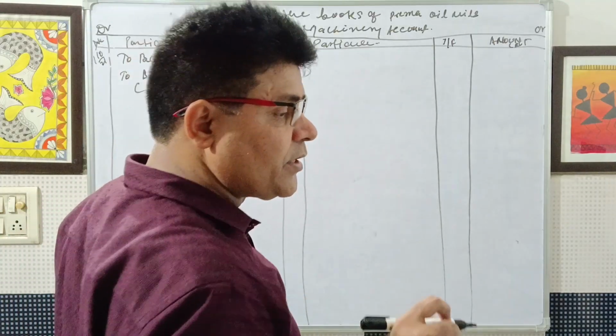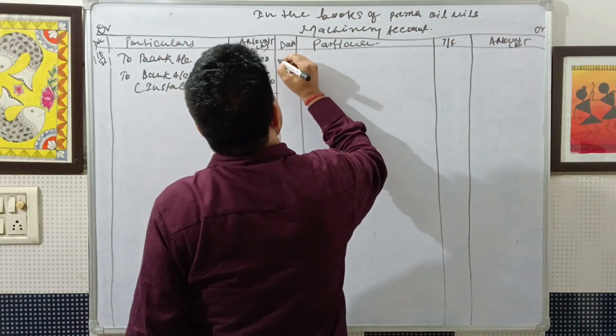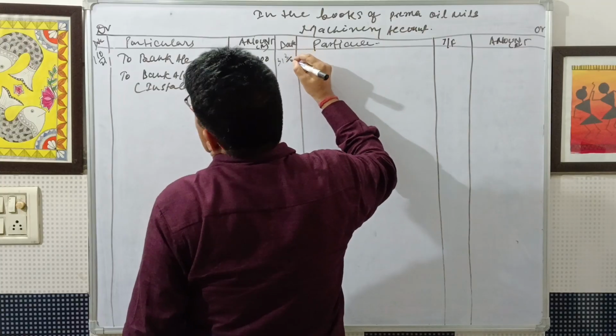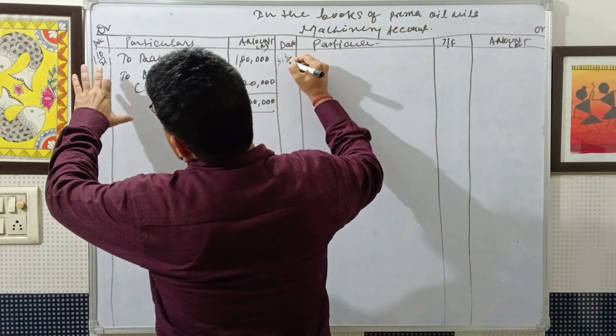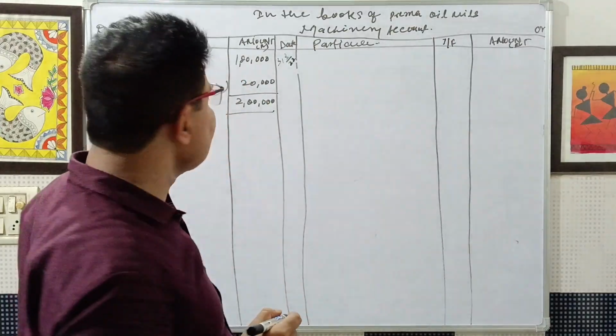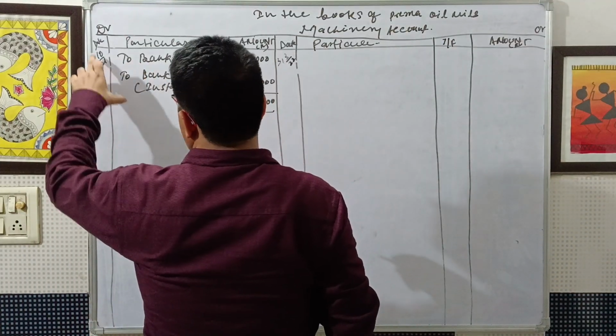The books are closed on 31st March every year. So this is the key point, because of the date.